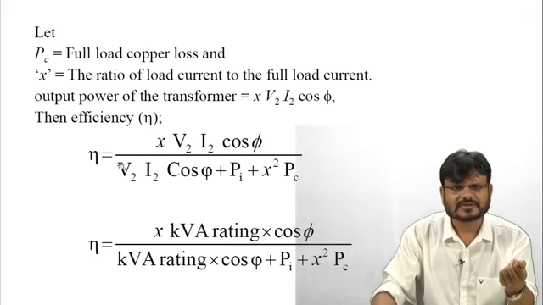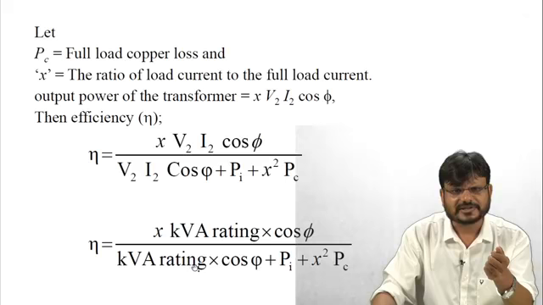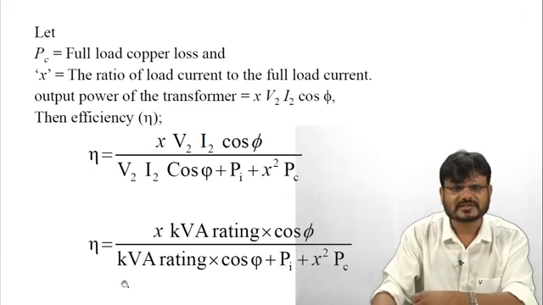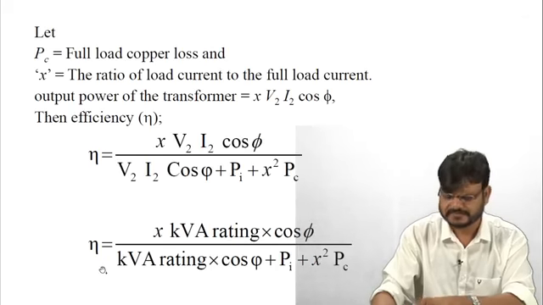So efficiency is equal to X V2I2 cos phi upon X V2I2 cos phi plus Pi plus X square PC, right? So efficiency can be written as X times kVA rating multiplied by cos phi upon X times kVA rating multiplied by cos phi plus Pi plus X square PC. Here the X term was missing, you can write X here.